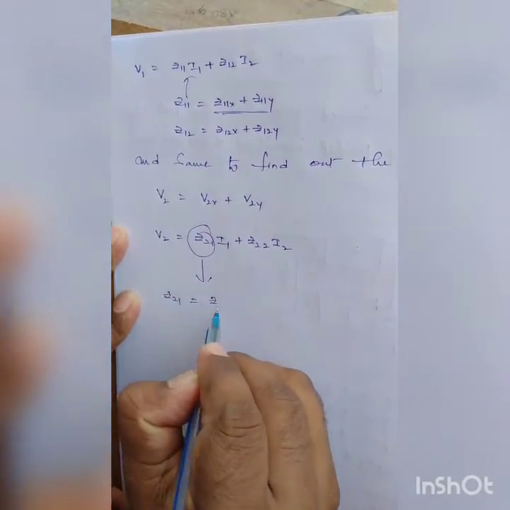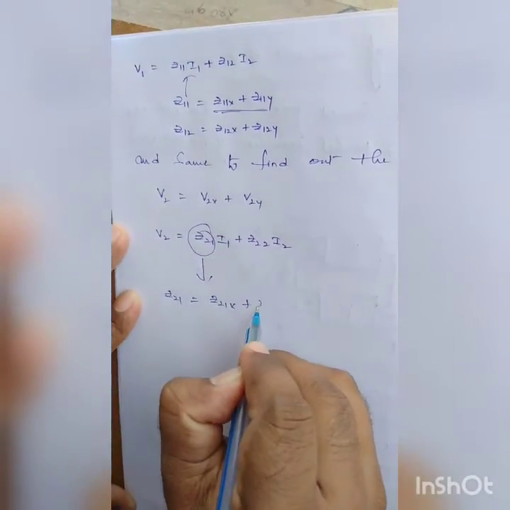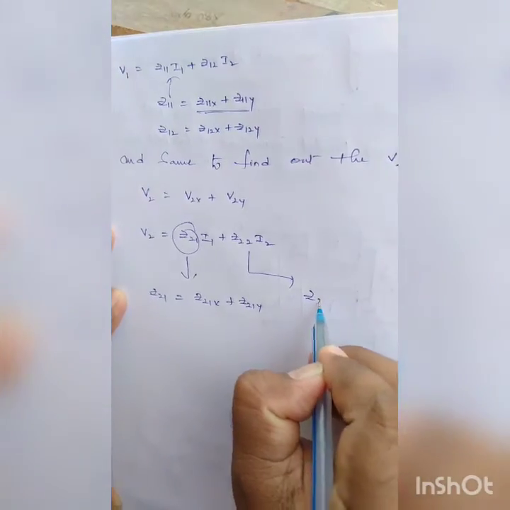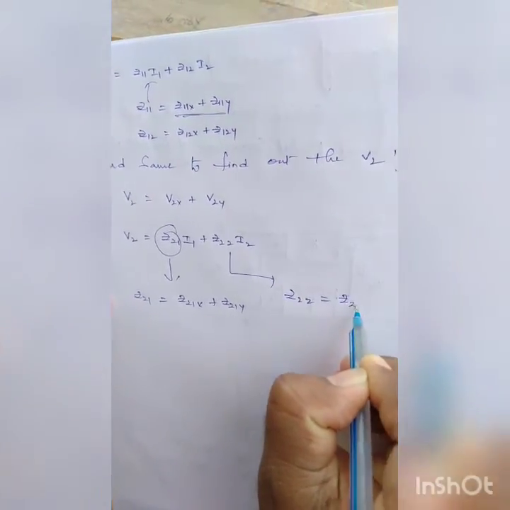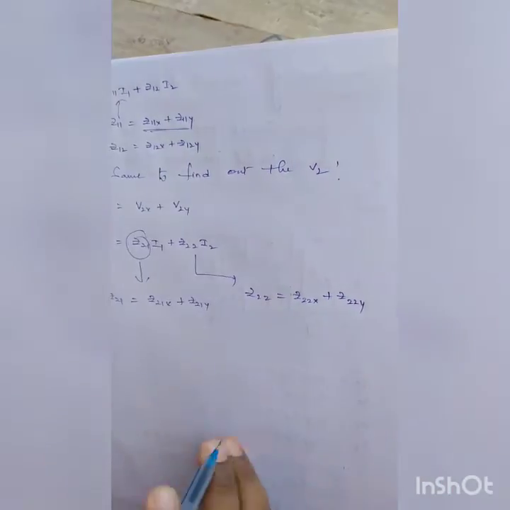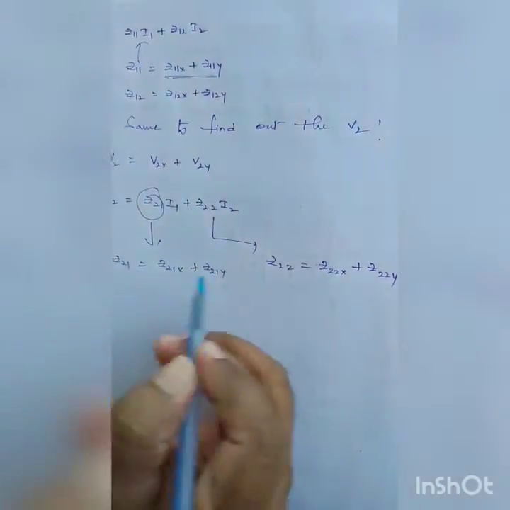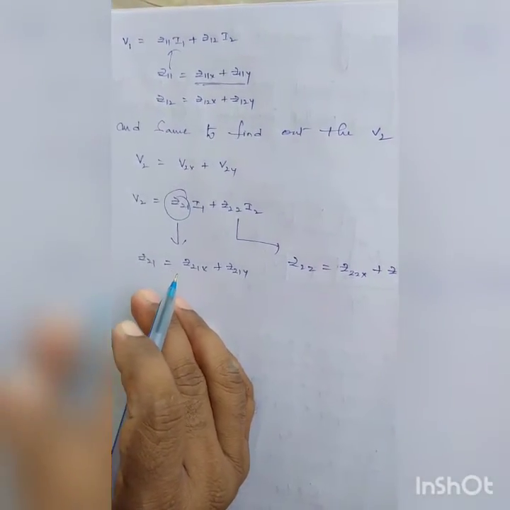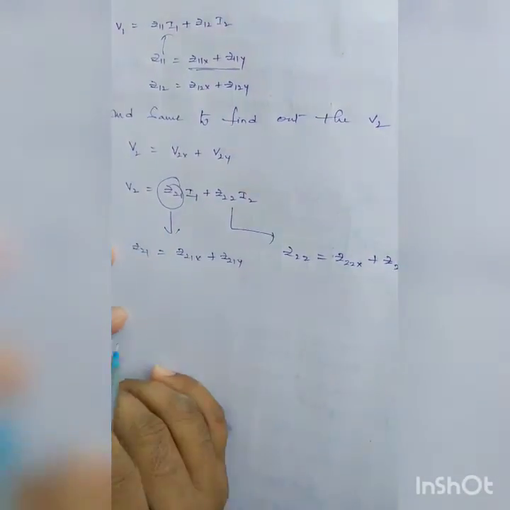Z21 is equal to Z21x plus Z21y, and Z22 is equal to Z22x plus Z22y. Thus we can see that the Z parameters of a series network are given by the sum of the individual networks.